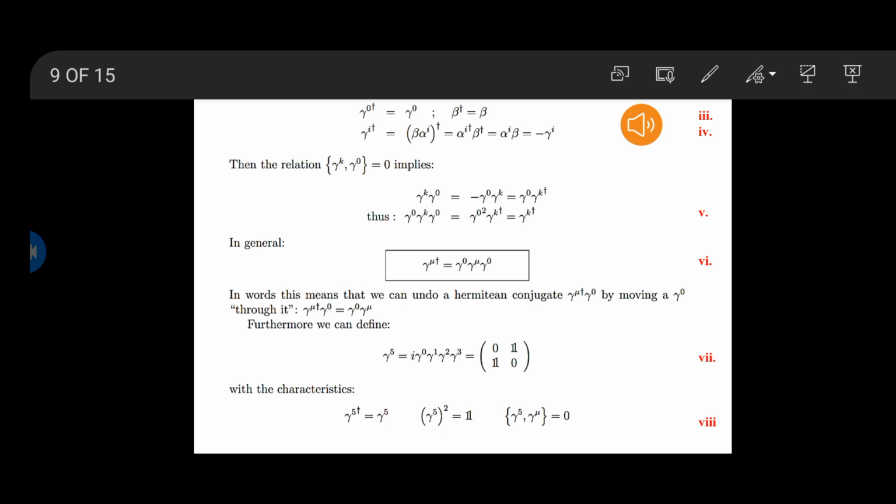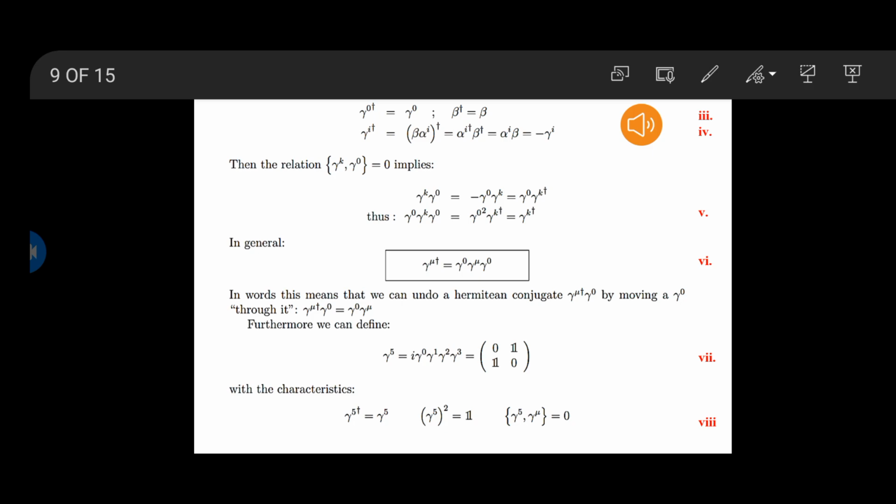Then the relation gamma k gamma naught plus gamma naught gamma k is equal to 0 implies that gamma k gamma naught is equal to minus gamma naught gamma k, which is equal to gamma naught gamma k Hermitian. This is called the fifth property. And gamma naught gamma k gamma naught is equal to gamma naught squared gamma k Hermitian, which is equal to gamma k Hermitian. Here gamma mu Hermitian is equal to gamma naught gamma mu gamma naught. This is called the sixth property.